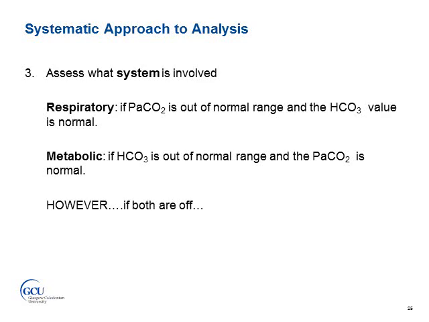If, however, the bicarb is out of normal range and the partial pressure of carbon dioxide is normal, it's a metabolic problem. Now, just to complicate things, there is a possibility that they can both be off, and that is the next step.